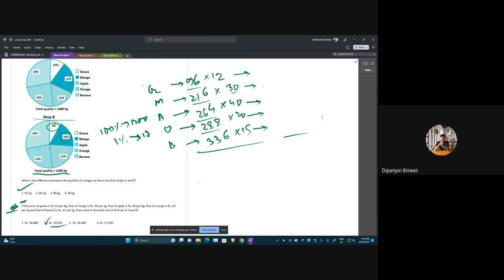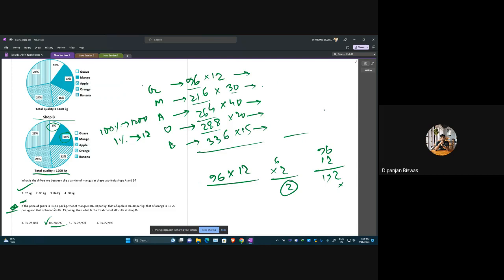Then you have to do addition, because the total cost of all the fruits is being asked for shop B. So as you can see, if you try to find out the unit digit, if we multiply 96 with 12, just multiply 6 with 2, you will get 2 as the unit digit. If you are not convinced, then do the whole multiplication.